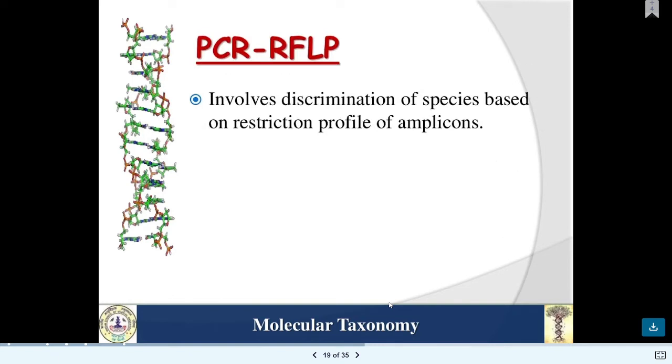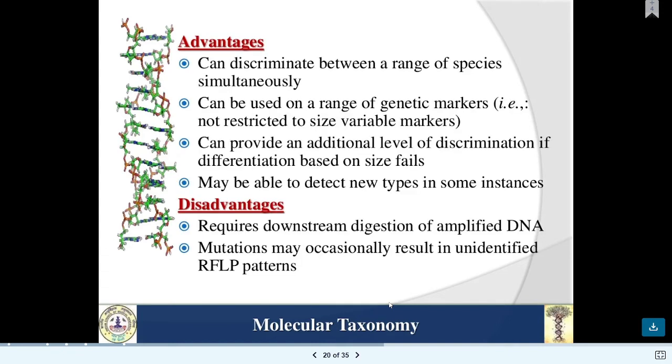The next one is PCR-RFLP. We can do PCR on restriction fragment length polymorphism markers with the help of specific marker DNA material. They are genetic markers, so they are size-variable markers, and the level of discrimination is very good.